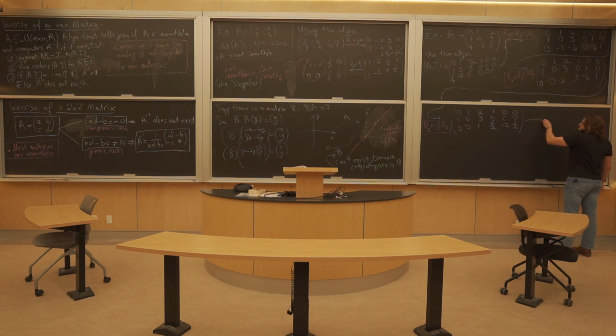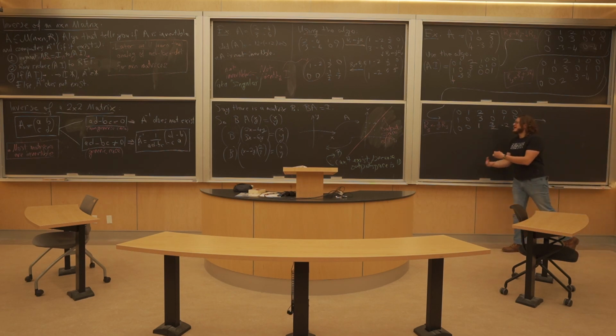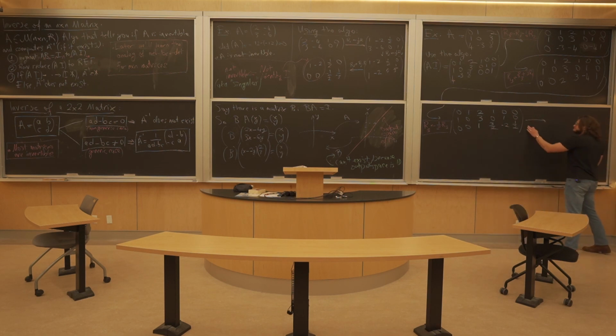Okay. Let's continue. I can subtract twice the third row from the first row to get rid of this. Now, recall that typically you can just combine a couple of these operations. I'm doing this step by step for a reason. So now, next stage is row 1 replaced by row 1 minus 2 row 3.